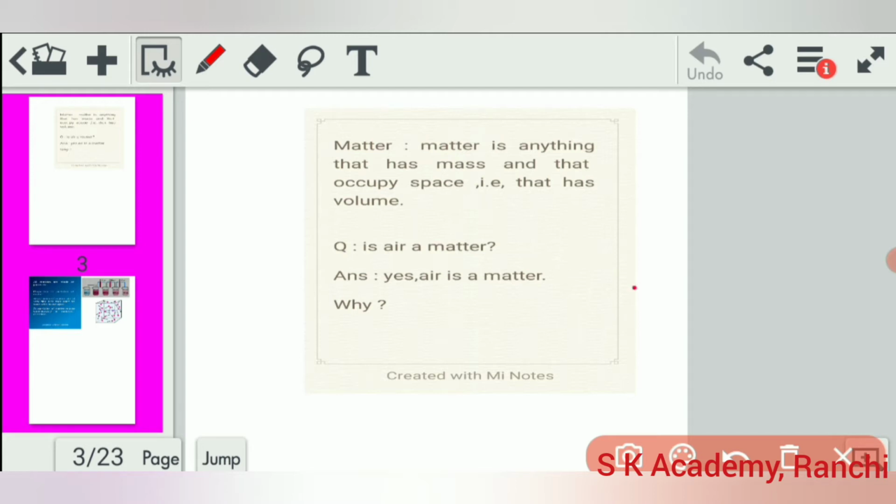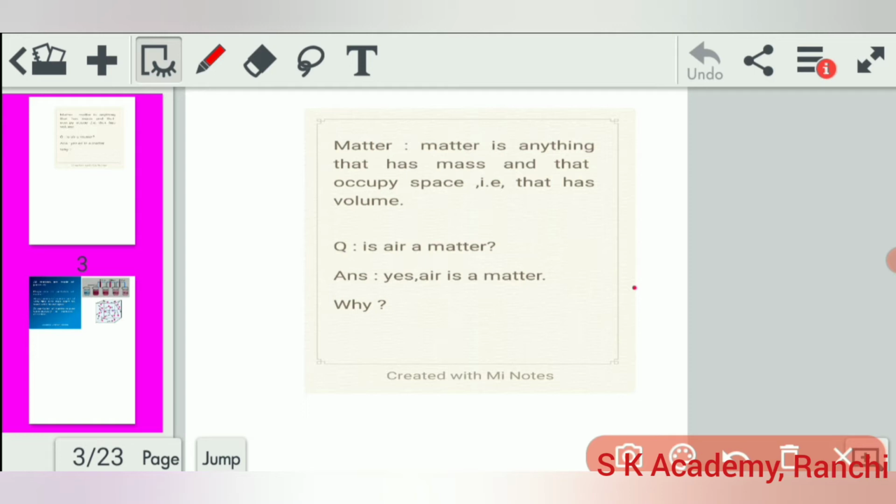That means the increase in mass, or the surplus mass, is the mass of air. So air has mass. Now the second point, it occupies volume. We can say that because air is filled in the balloon, so it occupies the space of the balloon.